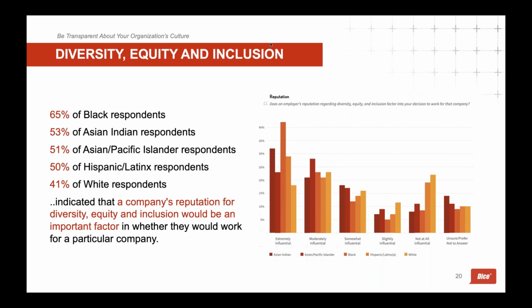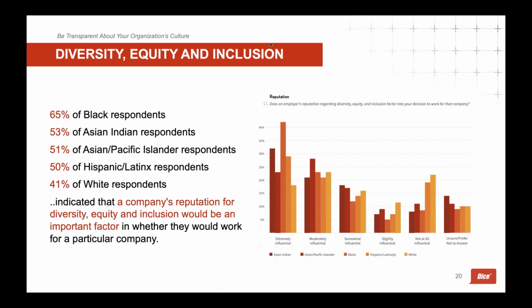In the survey that supported the Equality in Tech report, we asked technologists, does an employer's reputation regarding diversity, equity, and inclusion factor into your decision to work for that company? Collectively, nearly 3/4 of respondents indicated it was in fact influential in their decision to work for a company, and the breakdown by race shows a range of perceived importance.